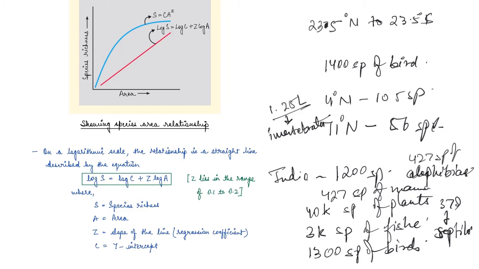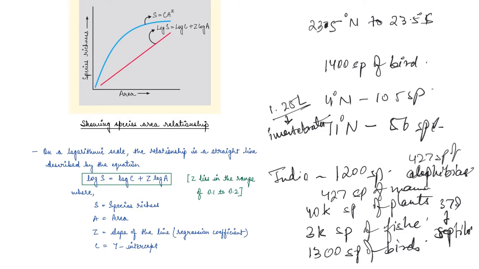Now, ecologists have discovered that the value of this Z lies in the range of 0.1 to 0.2, regardless of the taxonomic group or the region. Whether it is plants in Britain, birds in California, or mollusks in New York State, the slope of the regression line is amazingly similar.